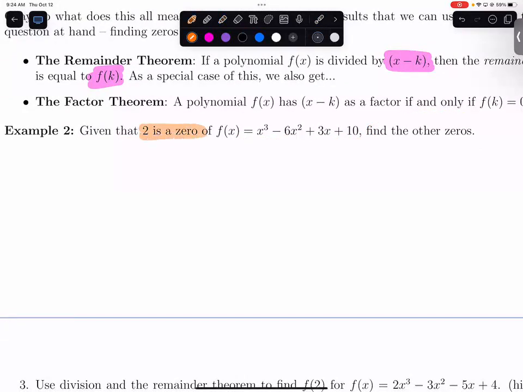If 2 is a 0, then the factor theorem says that what would be a factor? X minus 2 is a factor.